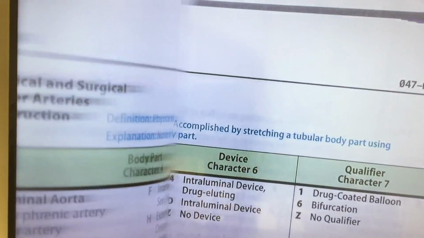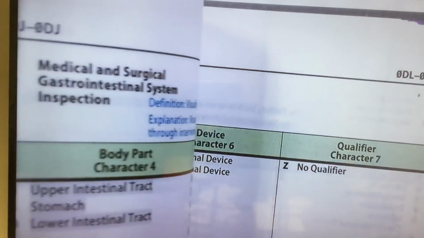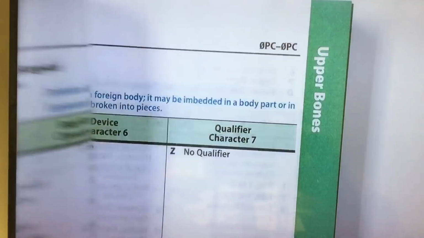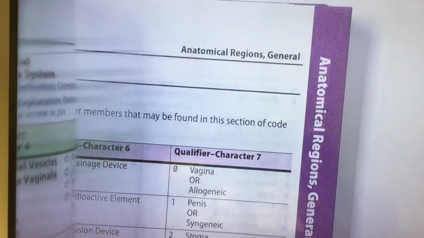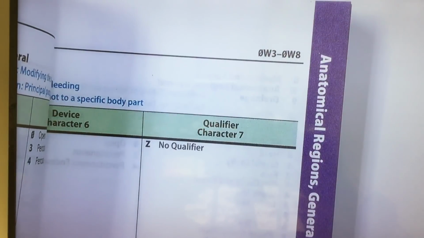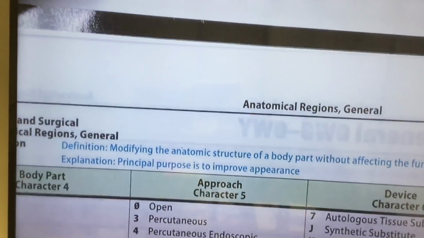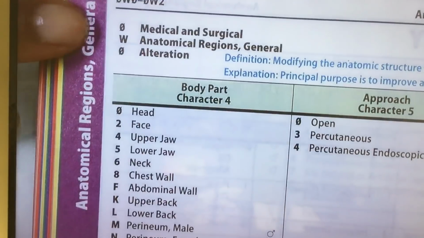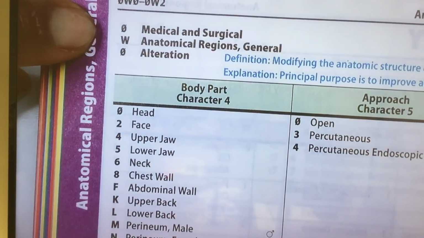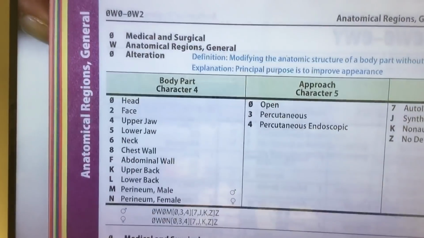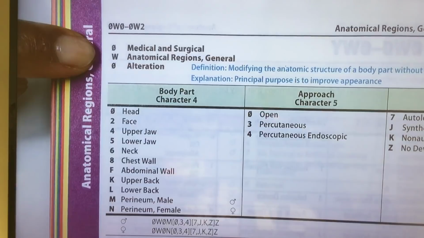So I'm looking for 0W0, right? So I'm going to keep turning. That's 0KT. I'm looking for 0W0. It starts off with numbers, then it goes to letters. 0W0. I'm getting close. All right, I found it. I'm on page 650, and I'm at table 0W0. I'm going to zoom out a little bit so you guys can see this whole page. Okay, I'm at table 0W0.